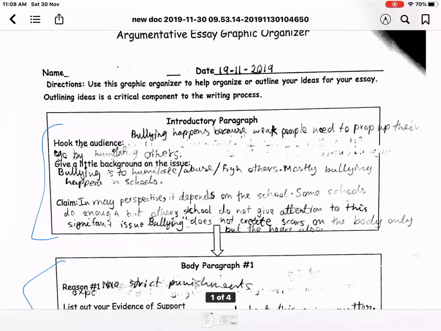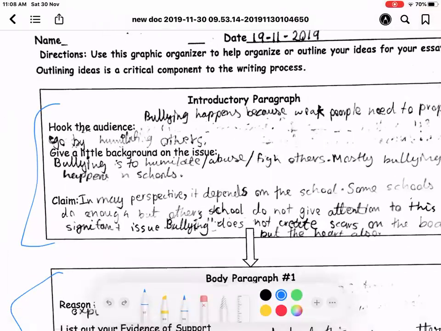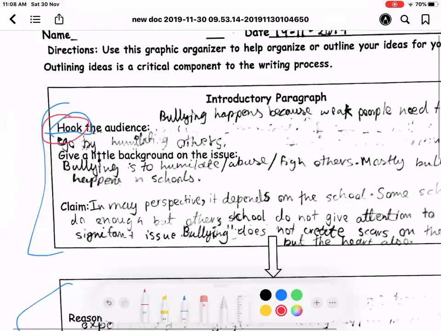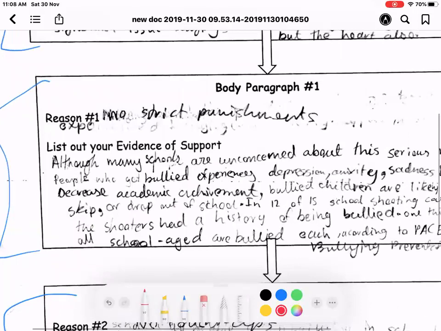The introduction should have a hook first. It must start with a hook, then a background, then a claim, and a thesis statement. Body paragraph 1 must be talking about the reason why, reason number 1.